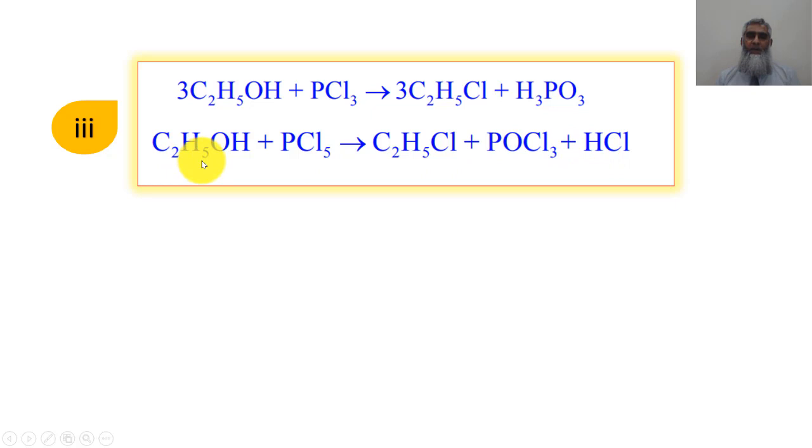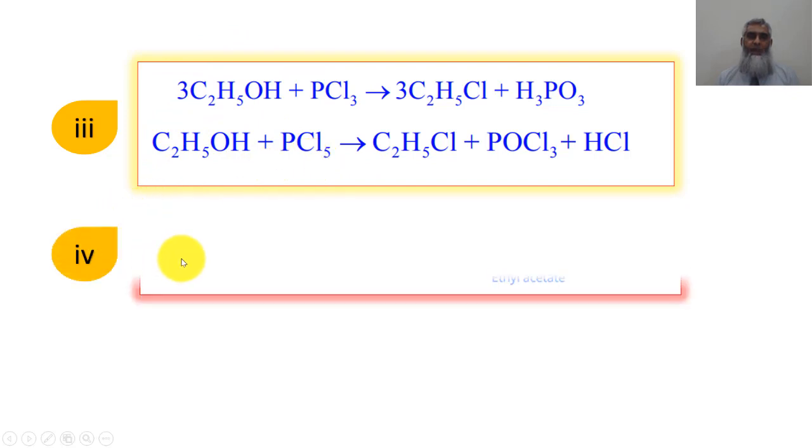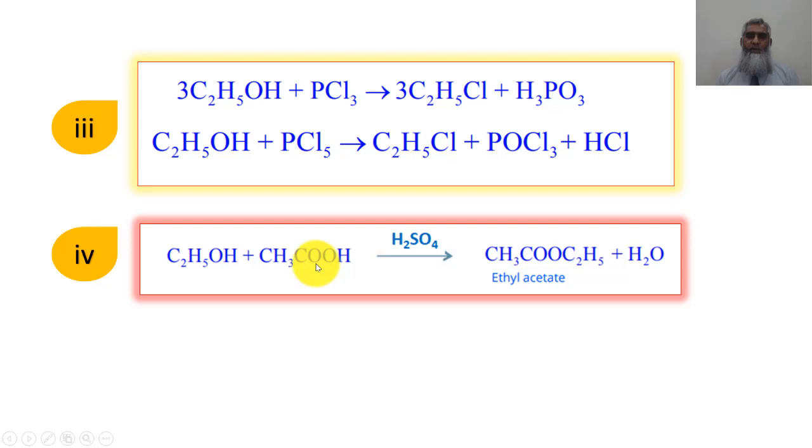In today's lesson, we have discussed the reaction of ethanol with different phosphorus halides, but here in this question, ethyl alcohol is asked to react with phosphorus pentachloride. Number 4, reaction of ethyl alcohol with acetic acid. Ethanol on reaction with acetic acid produces ethyl acetate. It is an ester used as a flavoring agent.